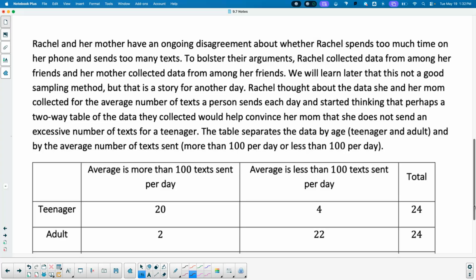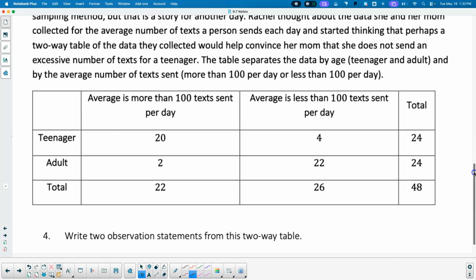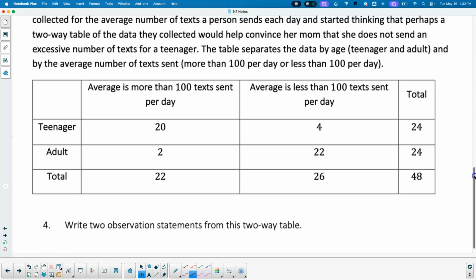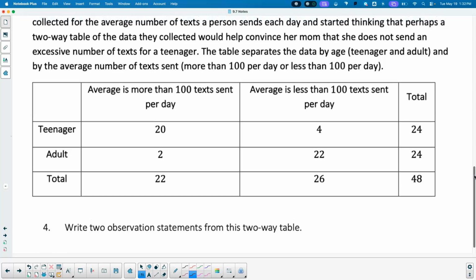That is a lot. Whew! It's carpal tunnel on the thumbs. Huh? Teenagers send more texts than adults, is what I see right from the start. Yeah? All right?